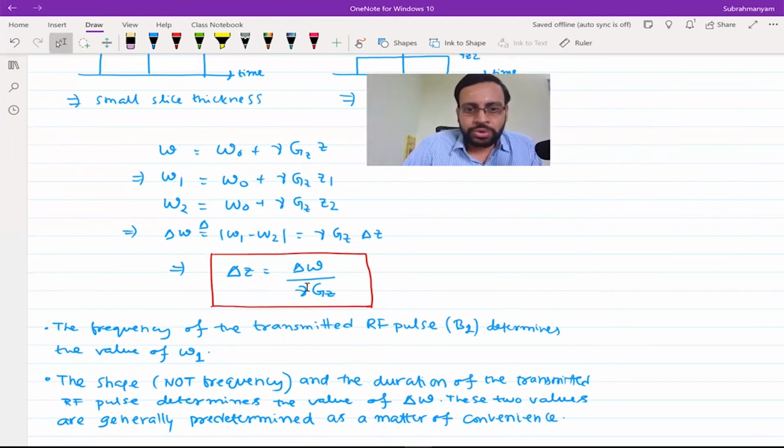So for the time being, if you assume that, what I was also telling here is how you would manipulate this delta omega. After that is done, what we are discussing is, for a given delta omega or a given bandwidth, how the slice thickness would vary by varying the gradient applied in the Z direction.